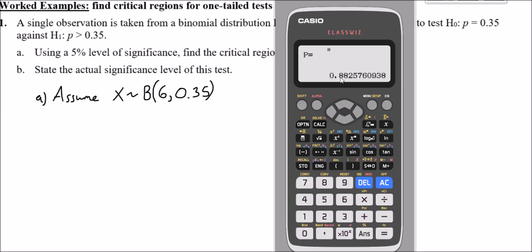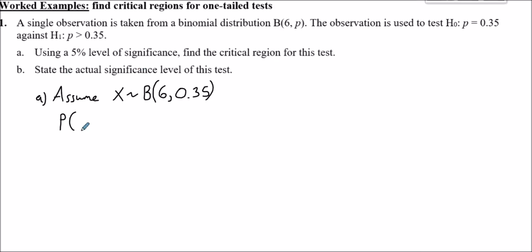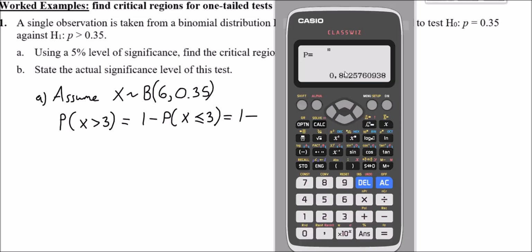That's 0.882, so that's not going to be critical, but it's a starting point. So I could write down, first of all, the probability of x being greater than 3, say. That's obviously 1 minus the probability of x being up to and including 3, which is 1 minus the figure we just had, which I'll give to 4 sig figs just to avoid any rounding error.